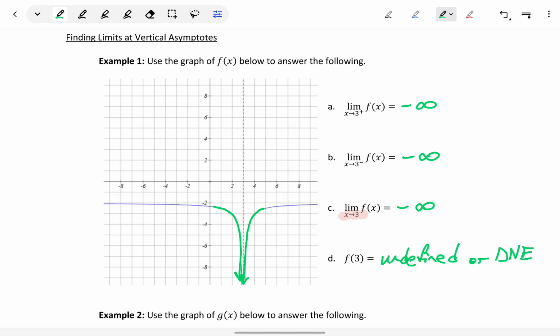What's interesting to note here is that for a limit to exist, based off our definition of the limit that we introduced before, the limit actually has to be equal to a number. So this is kind of a side note, but in each of these cases, really the limit does not exist.